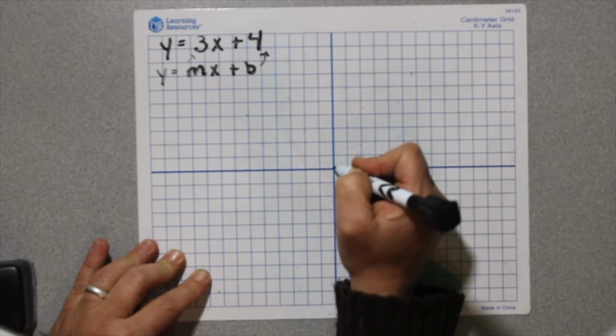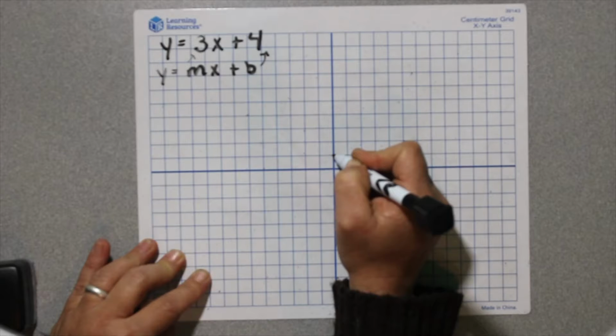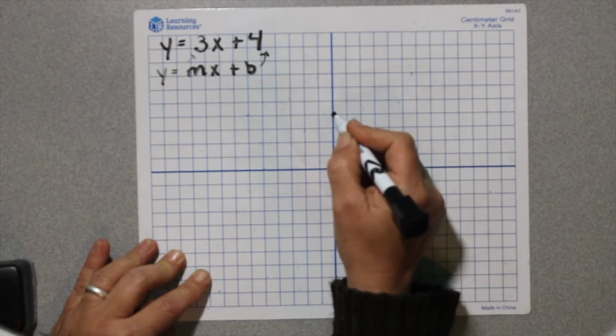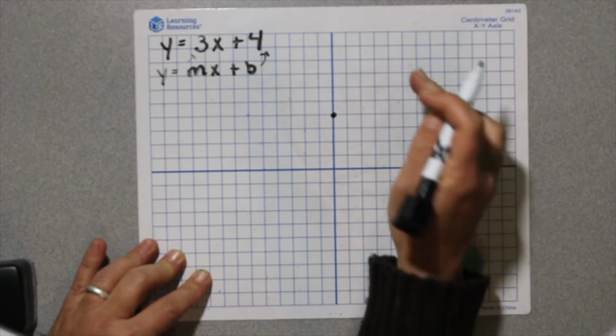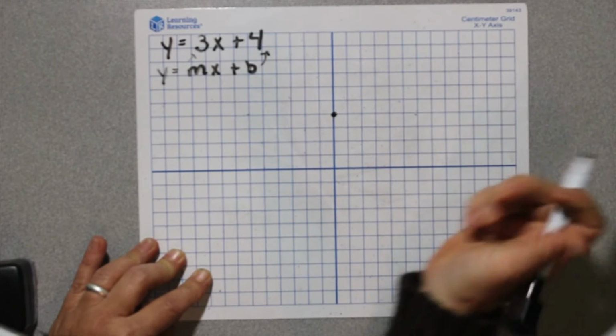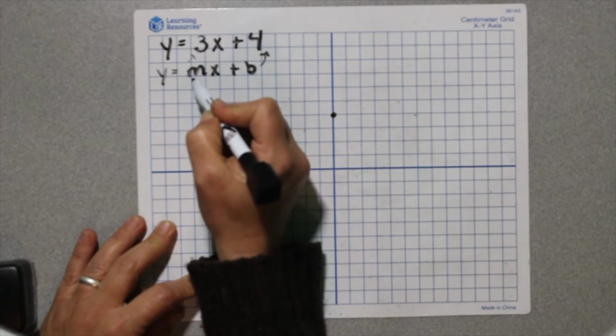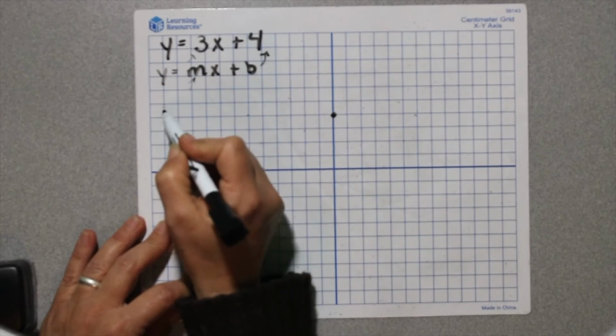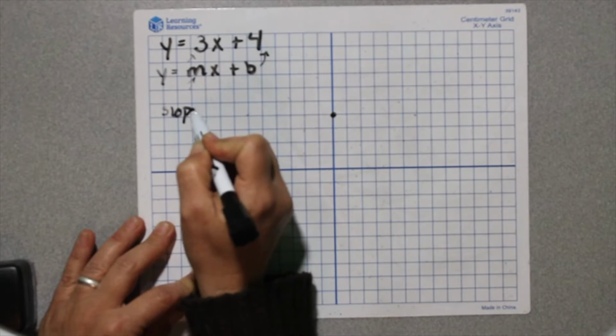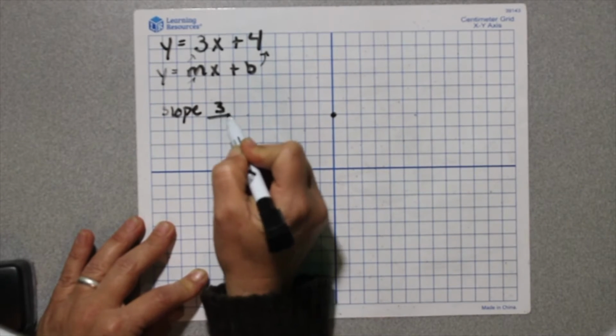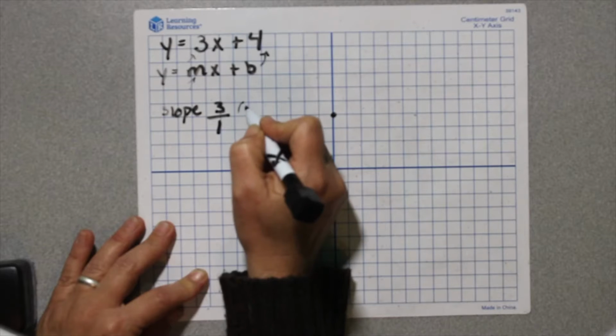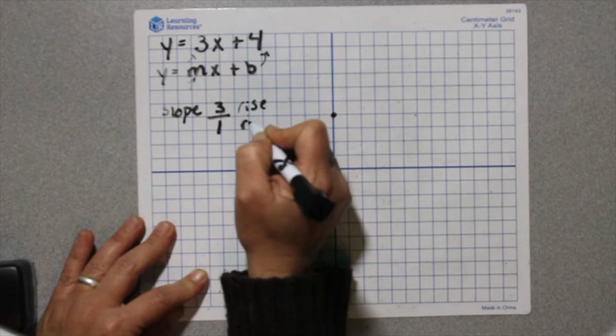Alright, so a y-intercept of 4 means we're going to start at 0. We're going to count up 1, 2, 3, 4, and that's our first point. That's where it crosses the y-line. And then m is our slope right there. So our slope is 3, which really means 3 over 1, and slope is rise over run.